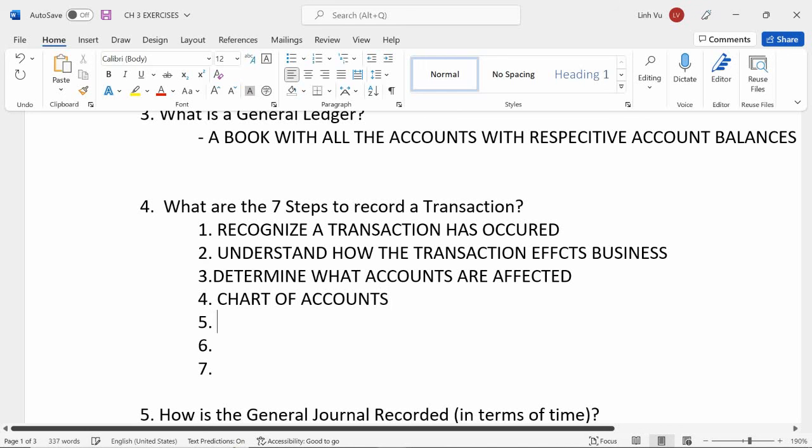Step 5? Use debit and credit rules to determine if the accounts are debited or credited. Good. 6? Determine what journal should be used. And then record the transaction. Excellent.